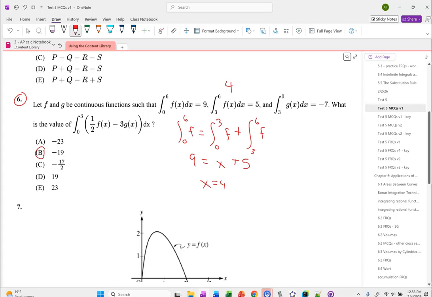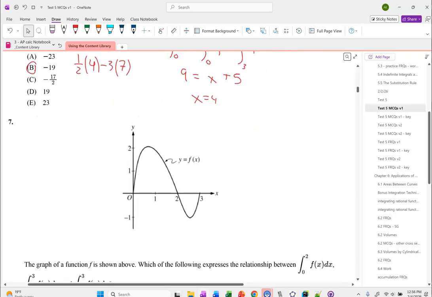So this guy is 4. And then I need 0 to 3. So when we flip the bounds, we negate. So we're going to have 1/2 times 4 minus 3 times 7. Everybody okay? Ooh, hard.